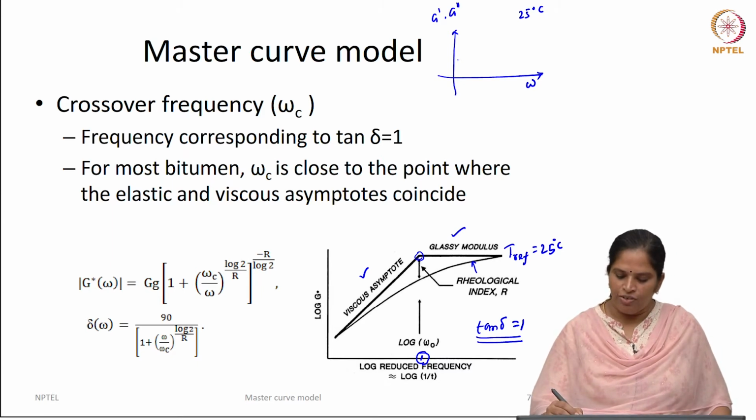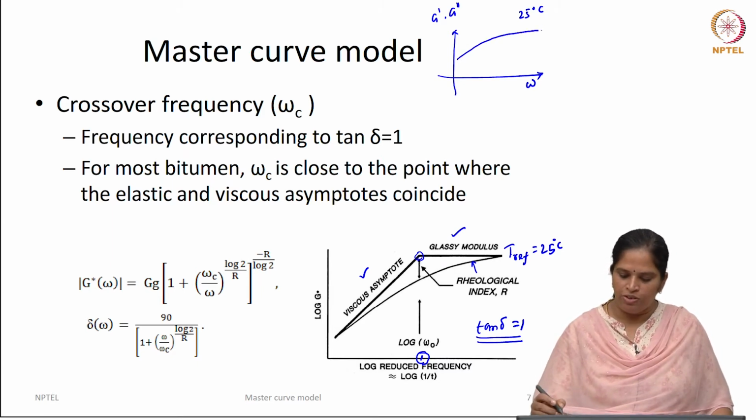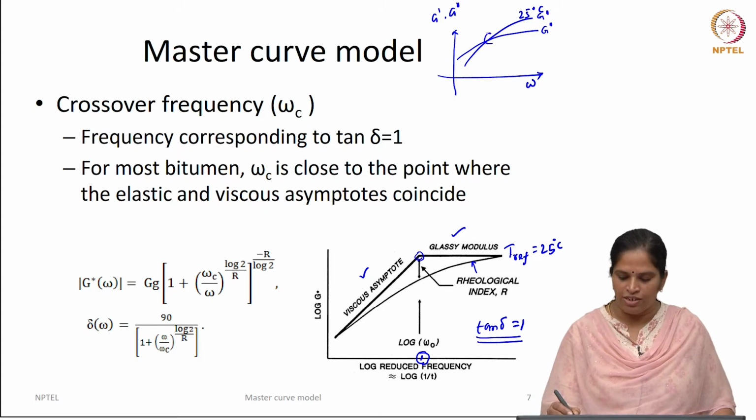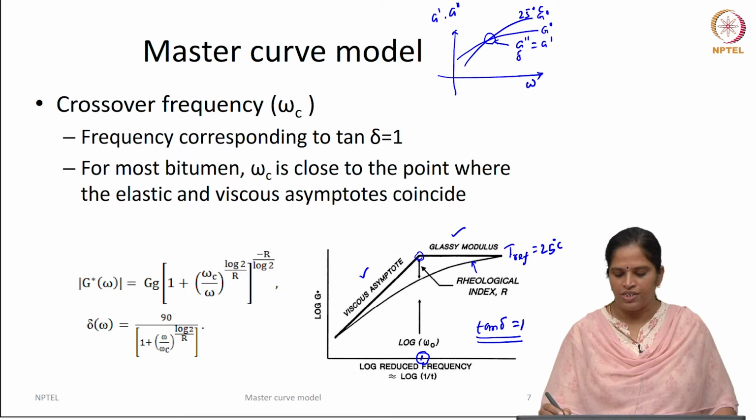You know that at low frequency the loss modulus will be dominating, and at very high frequency the storage modulus will be dominating. So there will be a crossover point here where the storage modulus and loss modulus are equal, or otherwise the tan delta value is equal to 1.